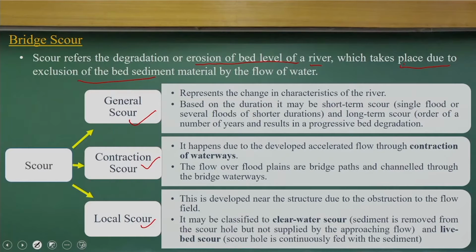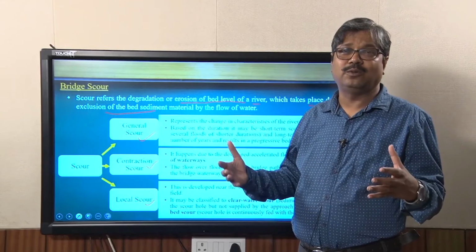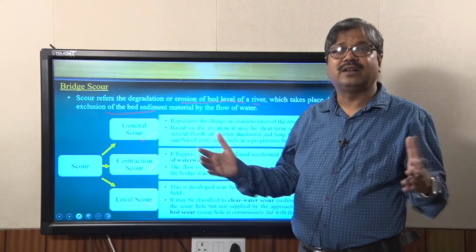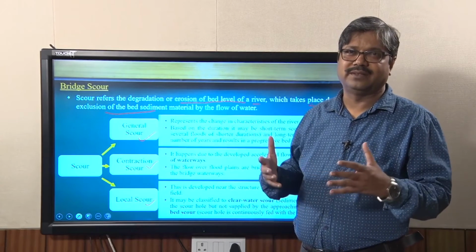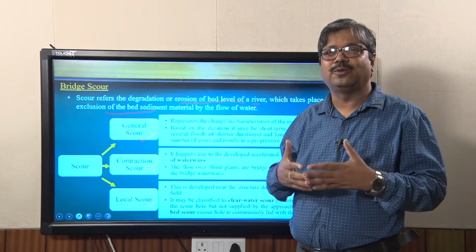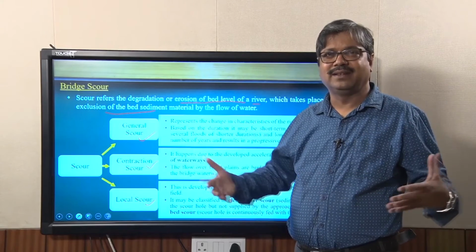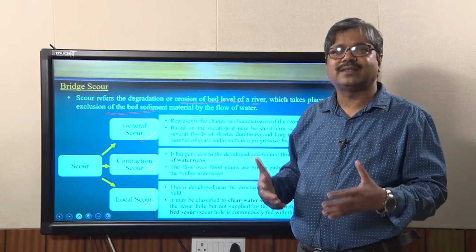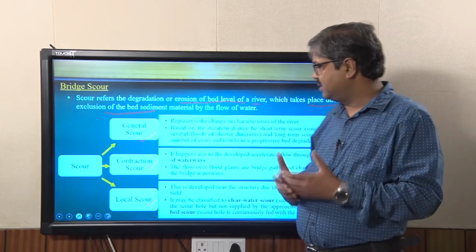Whenever we construct a bridge, we contract the floodplain or the river or both. Basically, we contract the floodplain, otherwise we cannot afford to give the river space. Because of the contraction, there will be a scour mechanism. We will go into more detail.